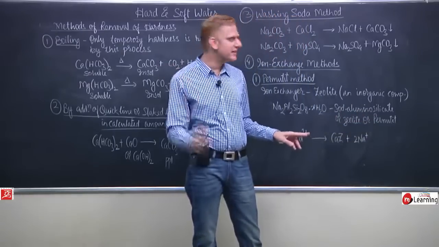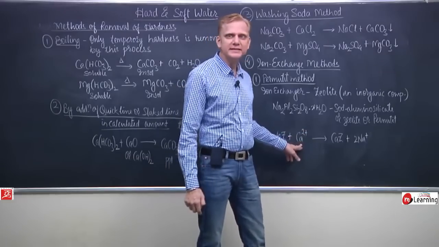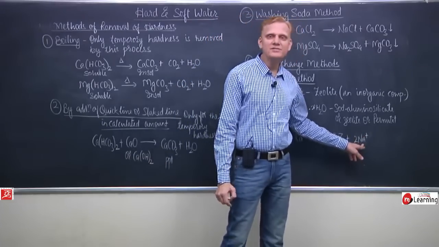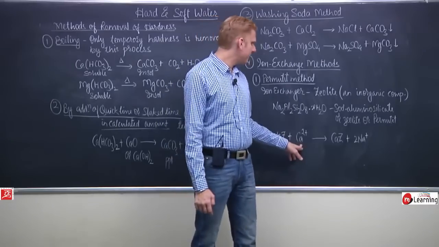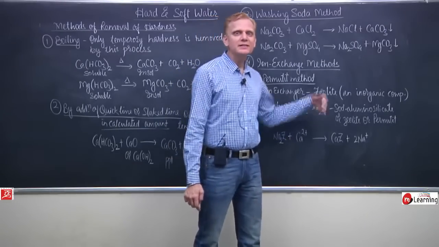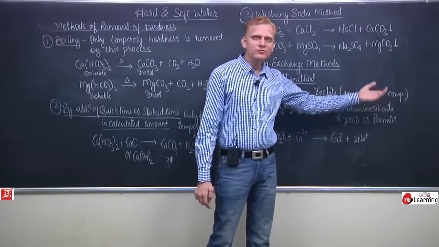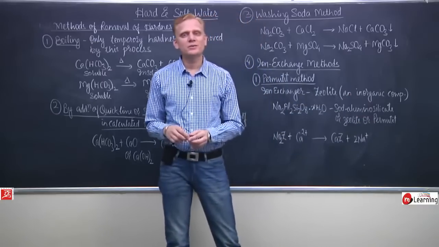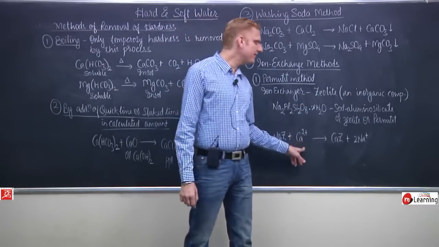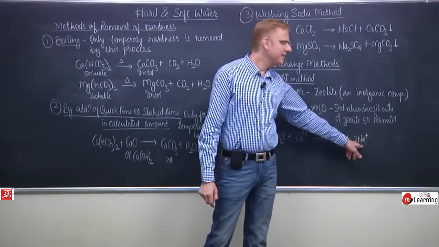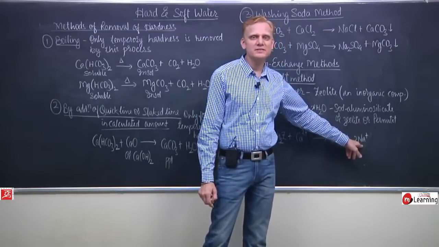If the hardness causing agent was calcium sulfate, the sample of water will have sodium sulfate. If the sample of water was having magnesium chloride, the soft water will have sodium chloride. If again it was magnesium sulfate in the hard water, here we got sodium sulfate.